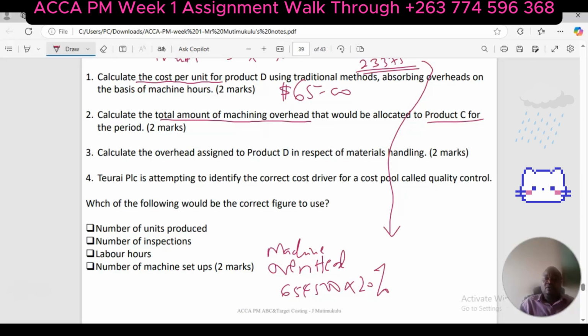So what we need for machinery is 654,500 multiplied by 20%, and we are going to get 130,900.